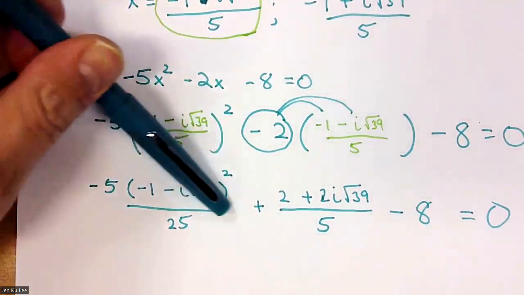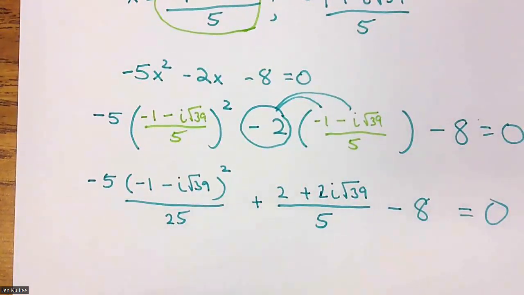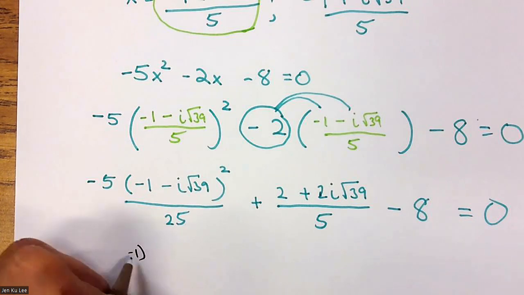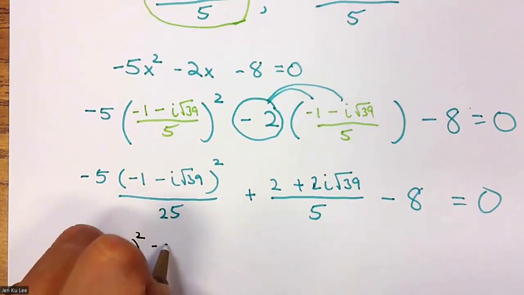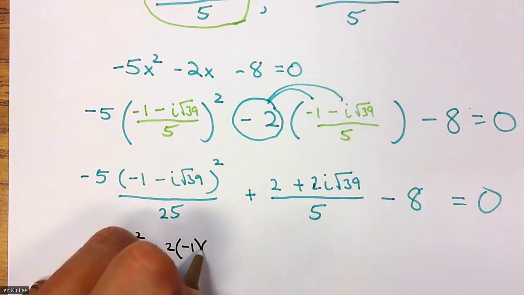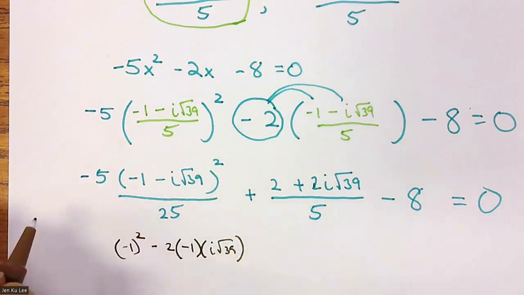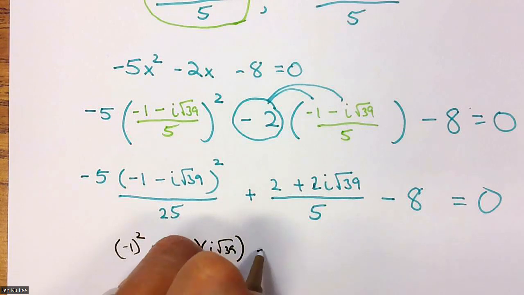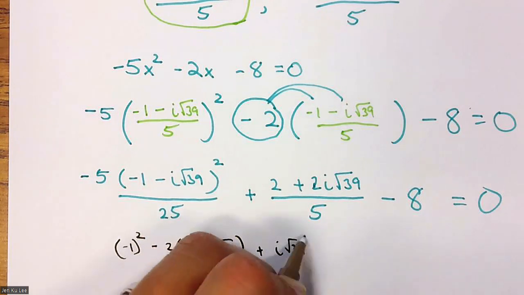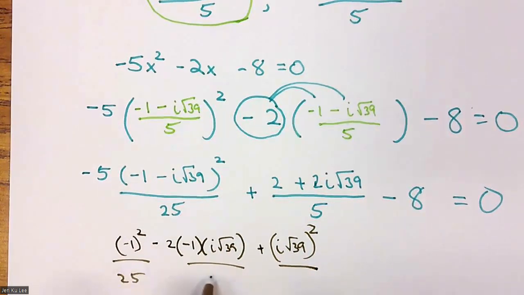This is where the special form, if you know the special form, would come in handy. That special form would be negative 1 squared minus 2 times negative 1 times i square root of 39 plus i square root of 39 squared, all over 25.